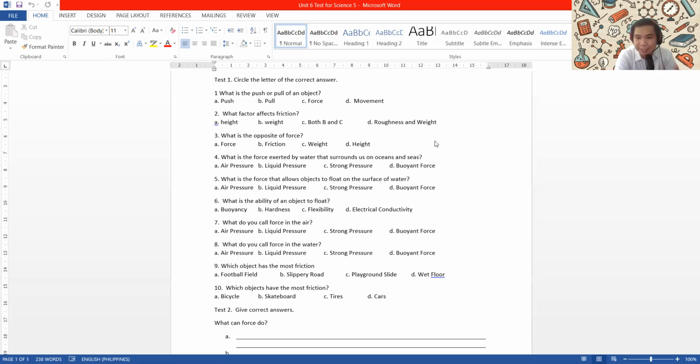Now, air pressure is so strong that every year there are hundreds of small or big meteors that come down to Earth. But the air pressure of the Earth is so strong that it will burn the meteor.